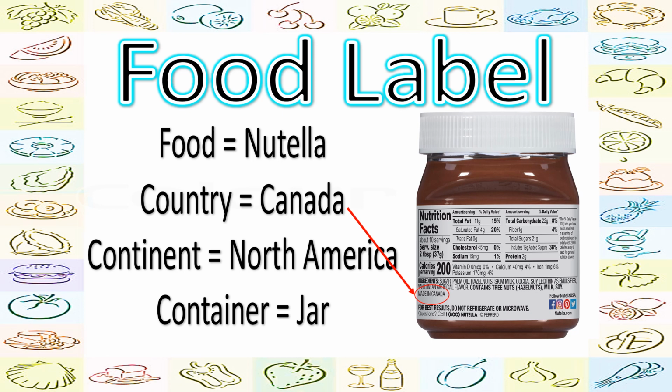You already know how to label your food. It's food, country, continent, and the container. As easy as that. Now you can go and find products at home. It's okay if it's not food, any products, or even boxes of your toys. There's a label there at the back and you will see where it came from.